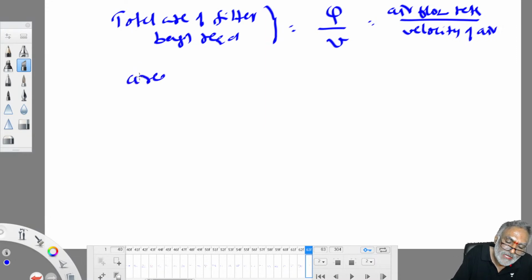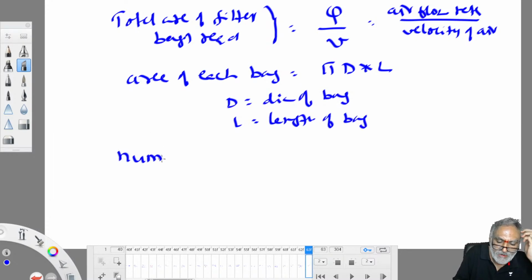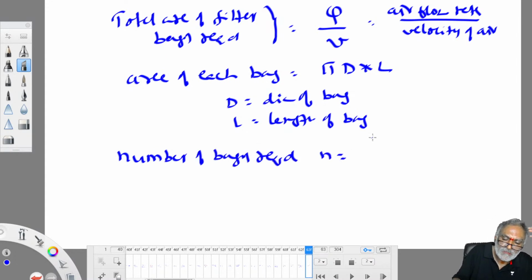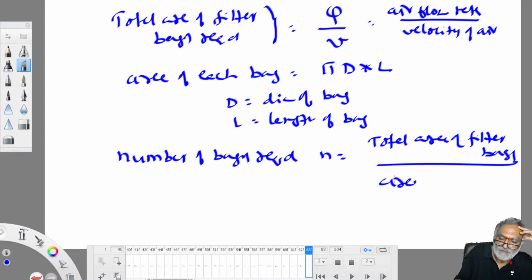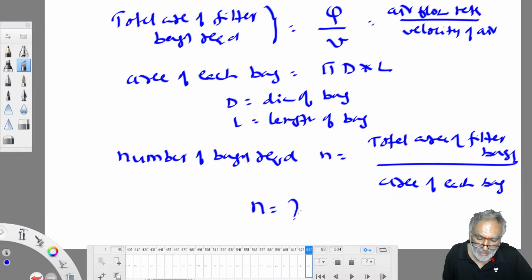Then the area of each bag is pi d into L, where d is the diameter of the bag and L is the length of the bag, since only the circumference has flow. Therefore, the number of bags required is the total area of filter bags required divided by the area of each bag. So that gives the number of bags, N. This is the kind of question they ask.